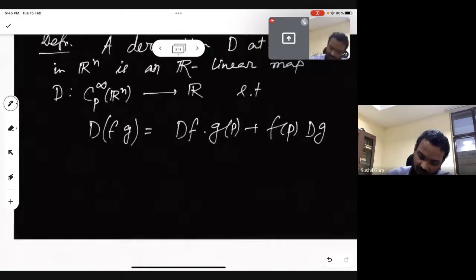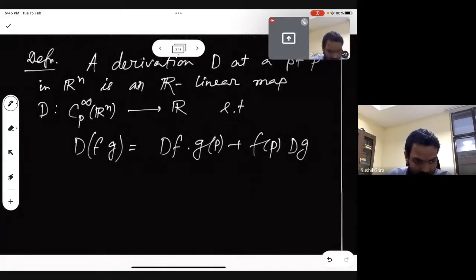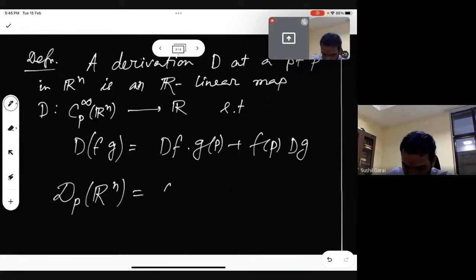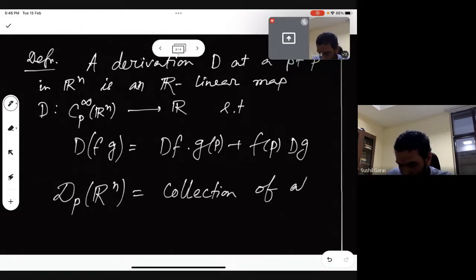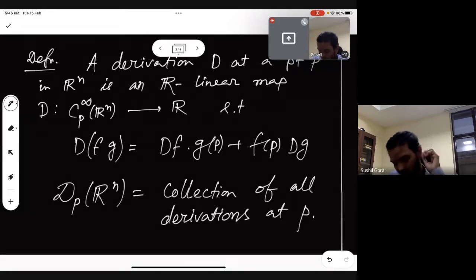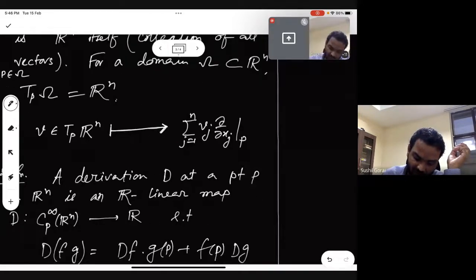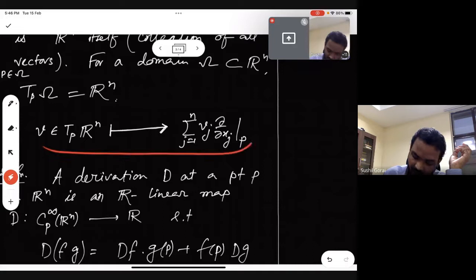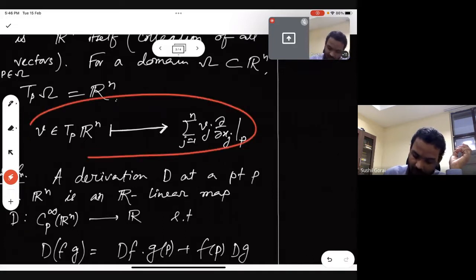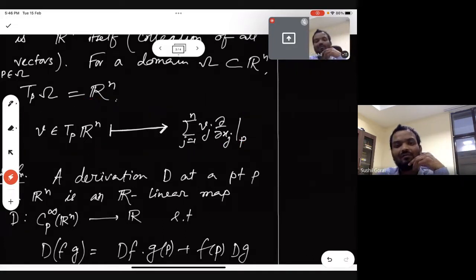All right. So call this script Dp(Rn) the collection of all derivations at p. Now this gives a map from the tangent space to the derivations.